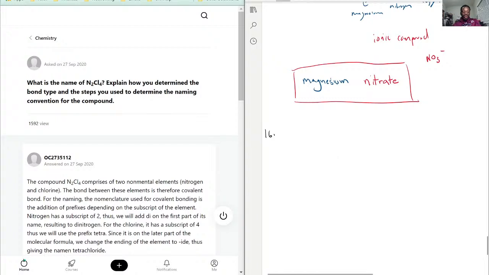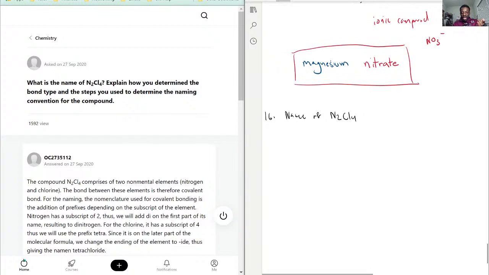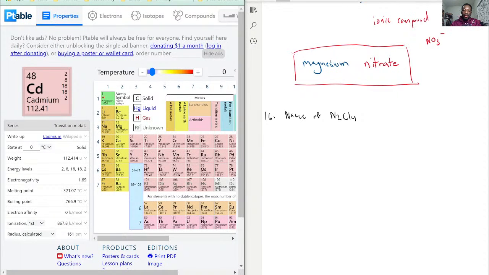We have, what is the name of N2Cl4? So first we have to, as they say, explain what type of bond type this is and the steps we use to name it. So first, let's go to our handy periodic table. We have 2 nitrogens, so that's nitrogen, and chlorine.